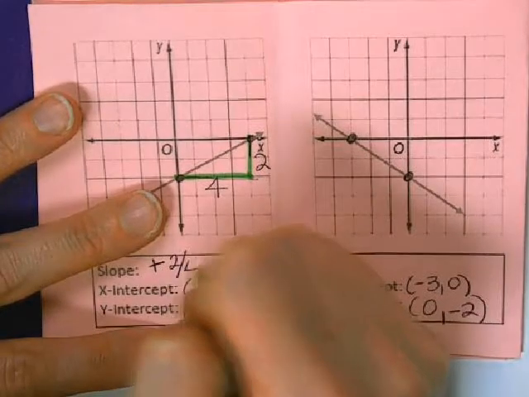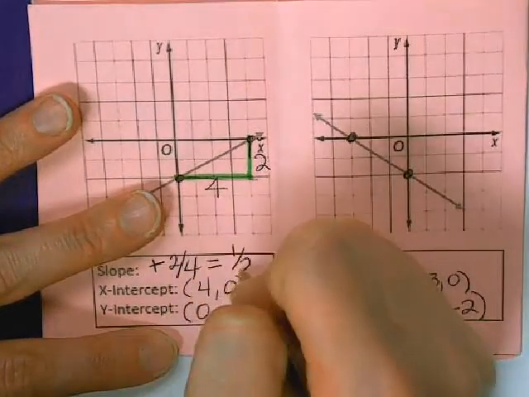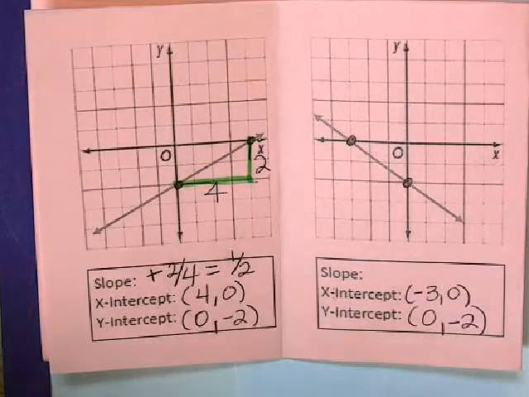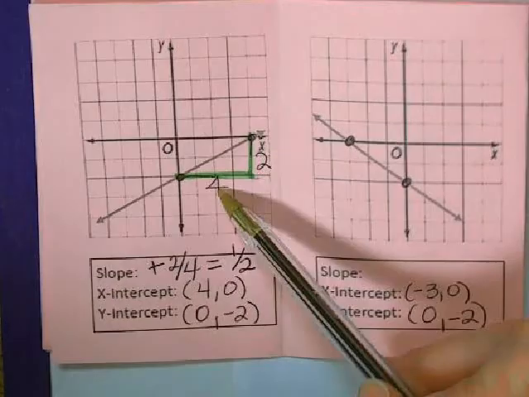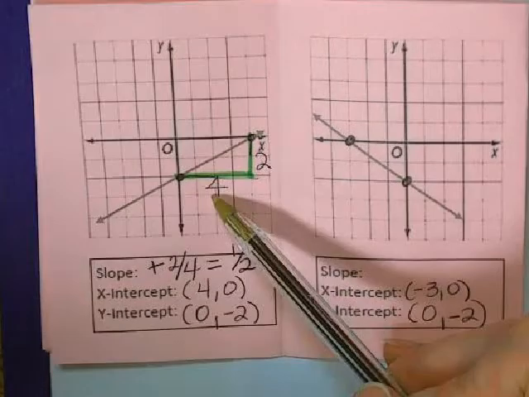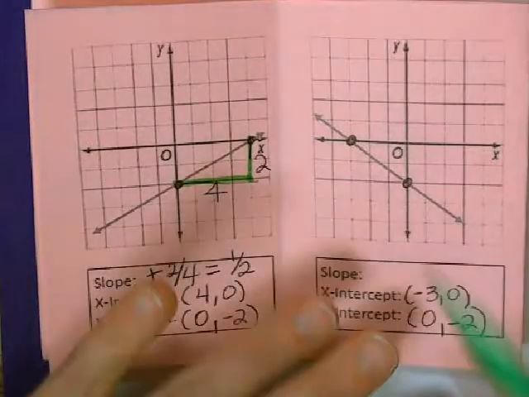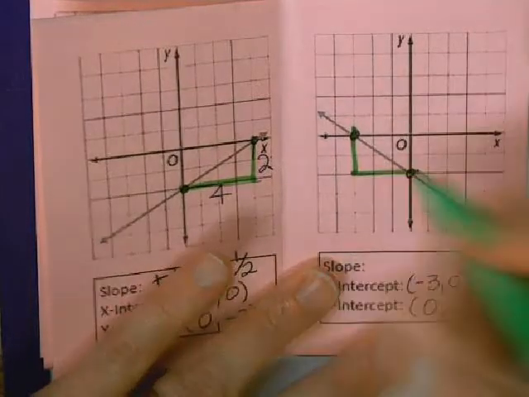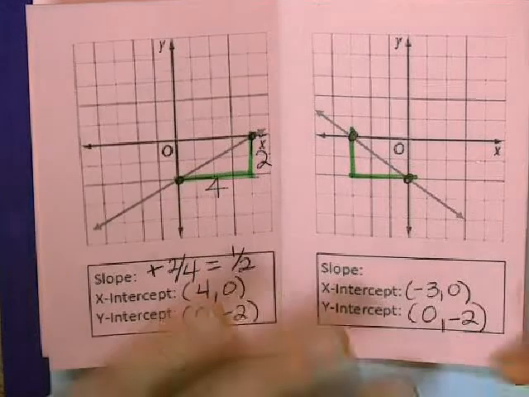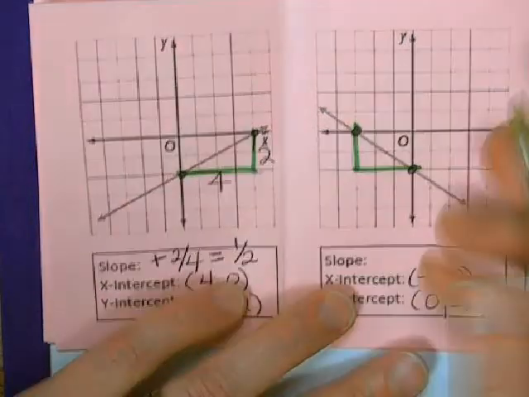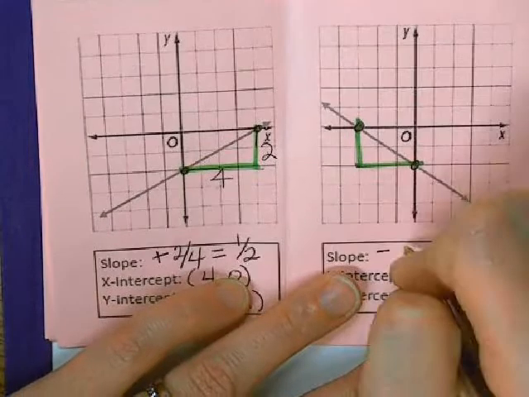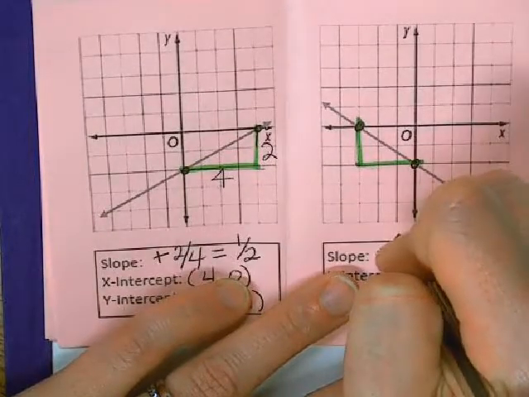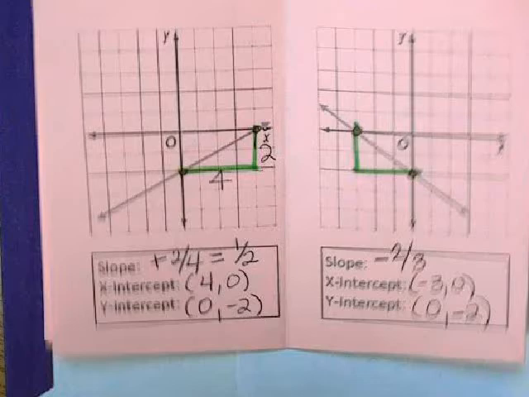So this one is 2 over 4. That simplifies to 1/2. Rise over run. Okay, this one, 2 and 4, nope, 3. 2 up and 3 across. This one's a nice negative, so this is going to be -2 over 3.